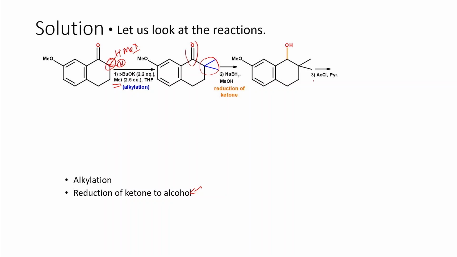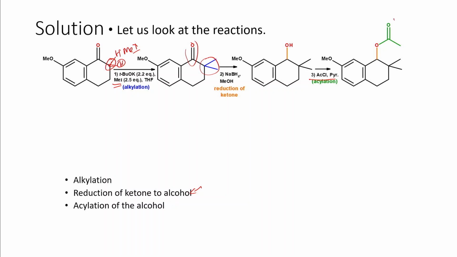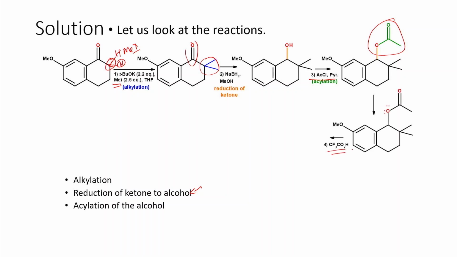And the third reaction is reaction with acetyl chloride and pyridine. This acetyl chloride pyridine reaction is nothing but the acylation of the alcohol unit, so the acetyl unit is introduced on the hydroxy group. So this is the next reaction. It is followed by two individual steps. The first one is treatment with trifluoroacetic acid.